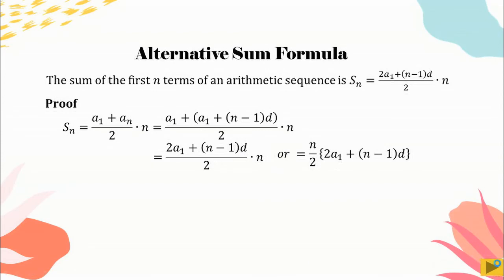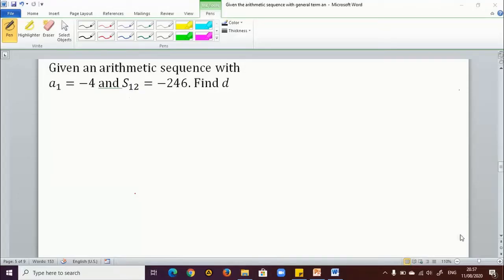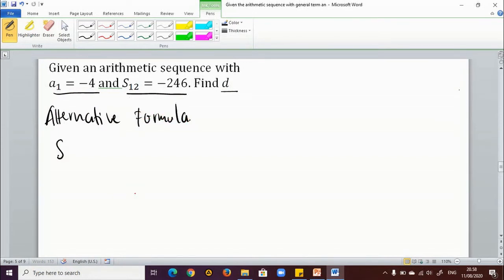Okay, now we continue to another example. Given an arithmetic sequence with the first term equal minus 4, and the S12 is minus 246, you need to find d. Okay, we can use the alternative formula. The alternative formula is Sn equal 2 times the first term plus n minus 1 times d over 2 times n, everyone.